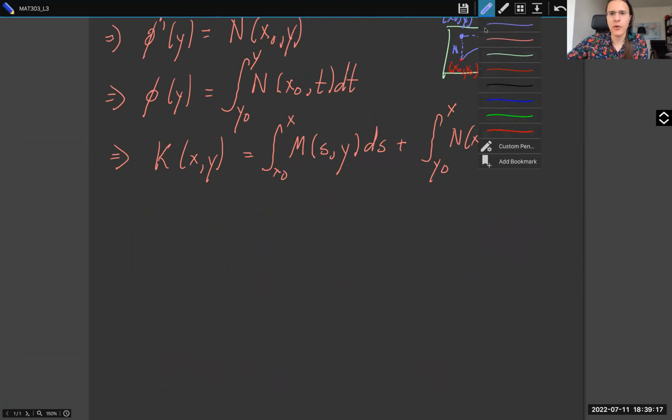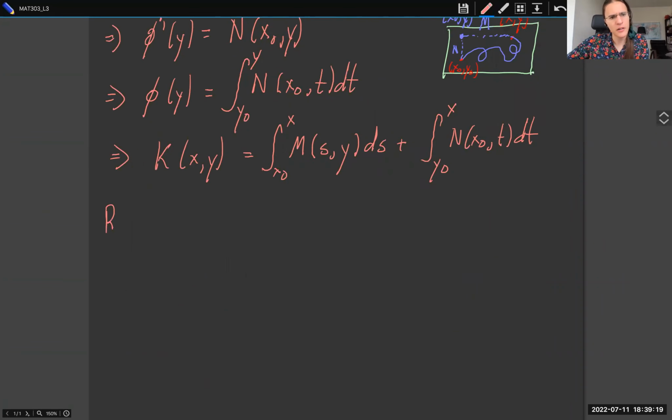So I will make one remark. If M and N fail to be defined somewhere, then it may not be possible to solve for k globally.